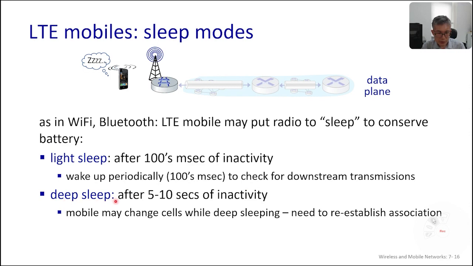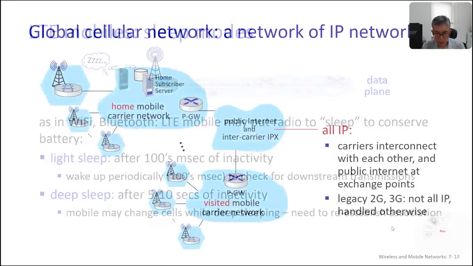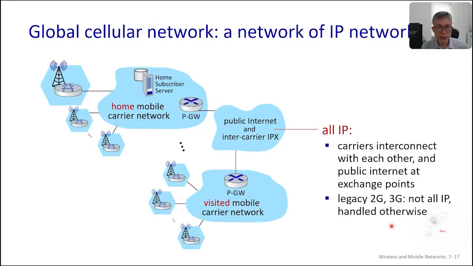Deep sleep is after 5 up to 10 seconds of inactivity. A mobile device may change cells while deep sleeping, so it needs to establish the association with the new base station.